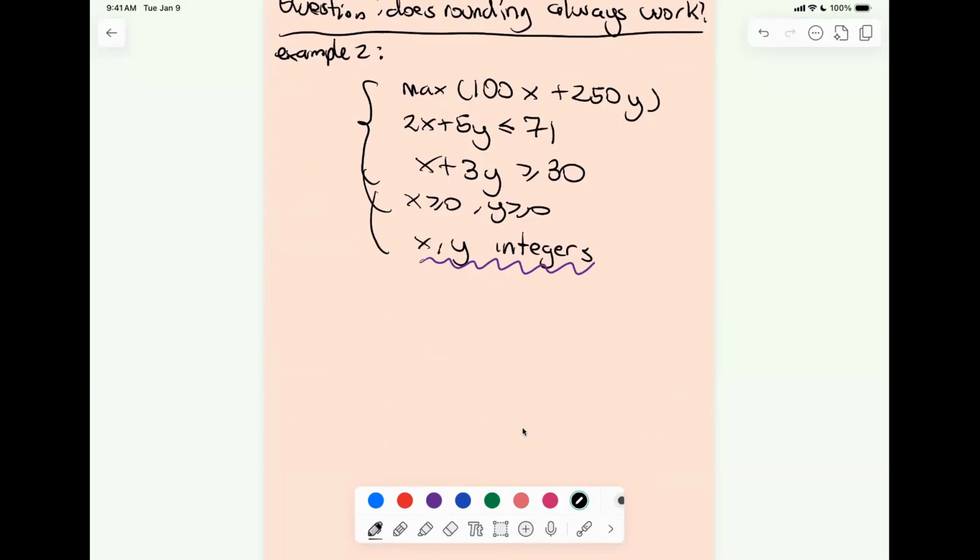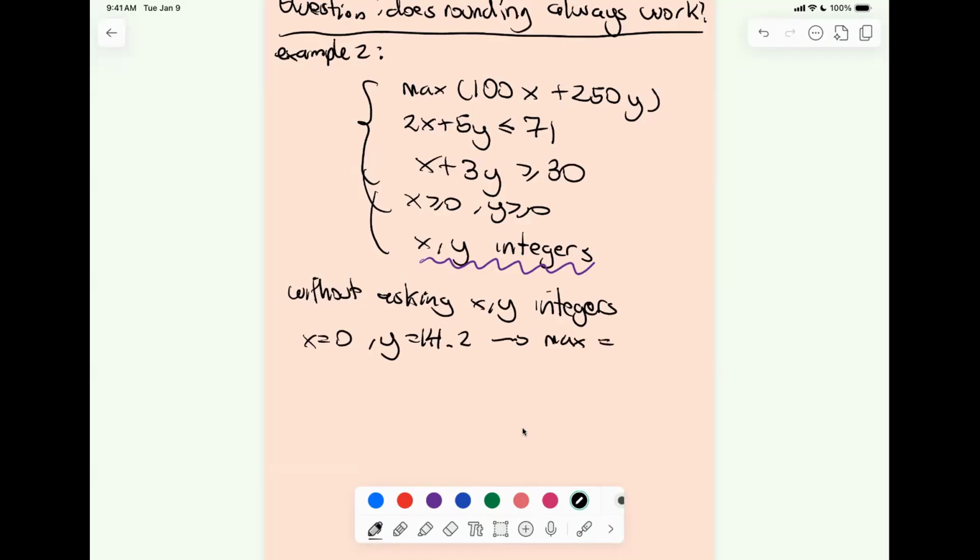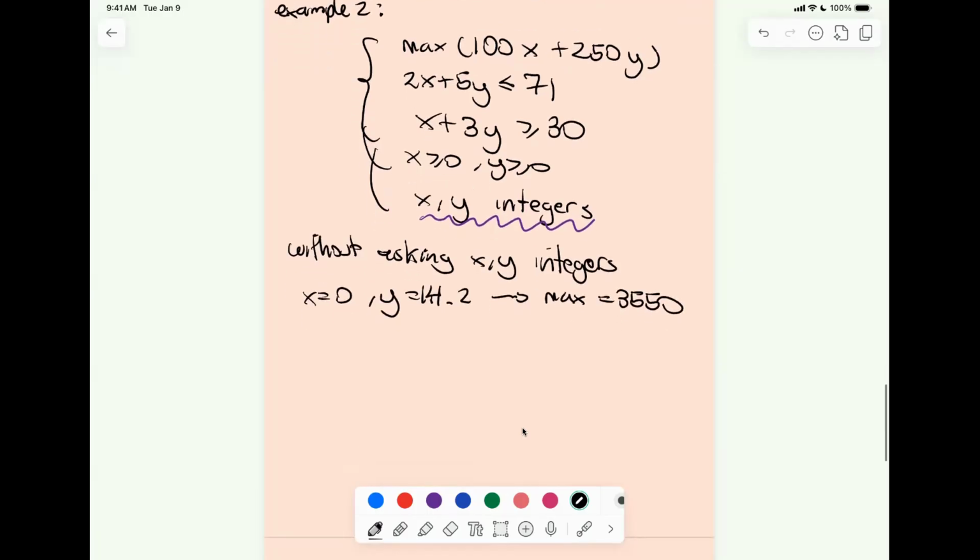What I was saying is that without asking for x, y to be integers, the max happens to be x equals 0, y equals 14.2, and the max in this case is 3550. The rounding would be x equals 0, y equals 14, and the value, I should just say value because it's not a max of any sort, is just 3500.